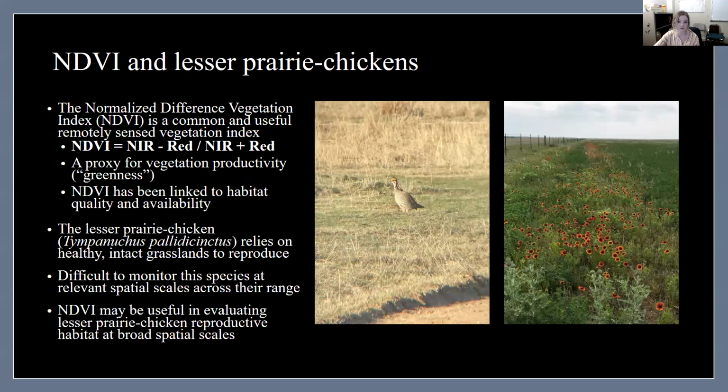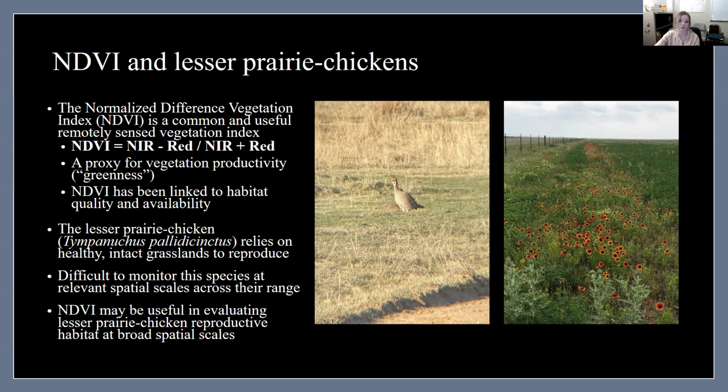It is because of these historic successes, as well as the continuing declines of many grassland species, that its utility moving forward is of interest. So, for example, the lesser prairie chicken is an at-risk grassland obligate that relies on healthy, intact grasslands to reproduce. As such, it is important to know what's available to them across their range from a reproductive habitat perspective.